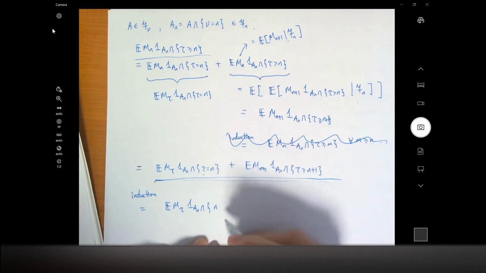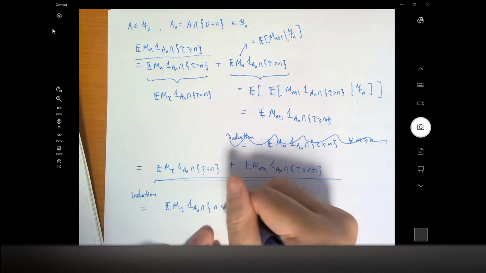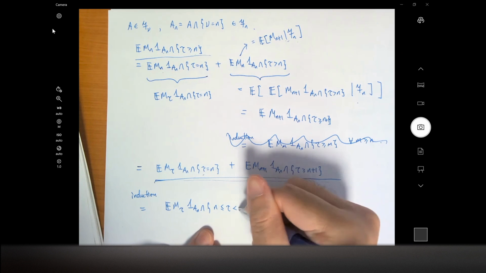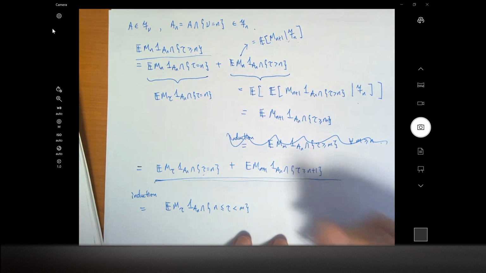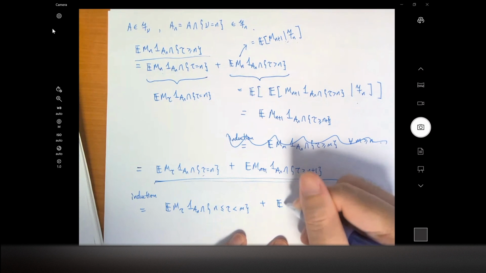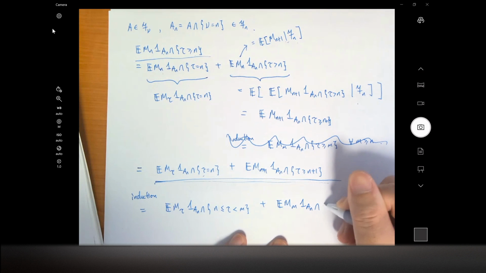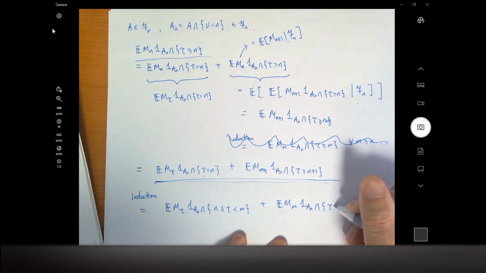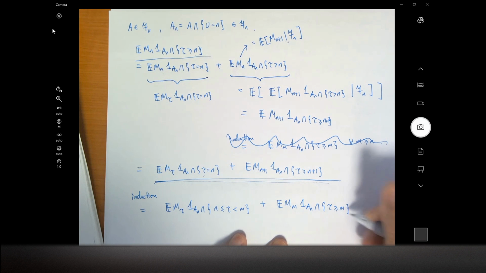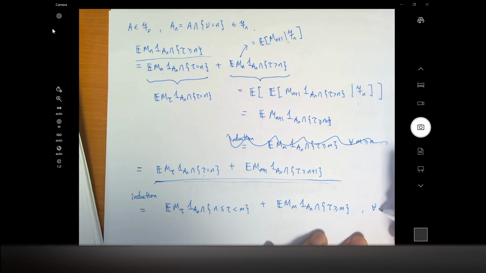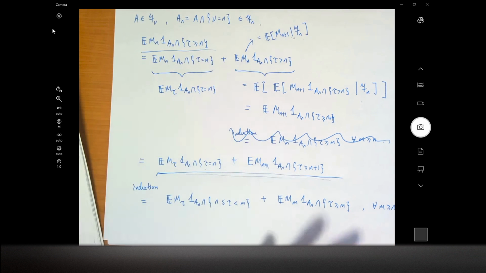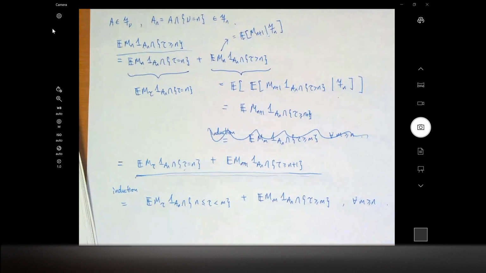I can combine all of them together to give me M_tau with tau smaller than m, plus M_m with tau bigger or equal to m. And this is true for all m. Is everybody okay?